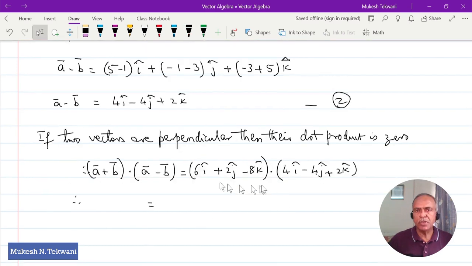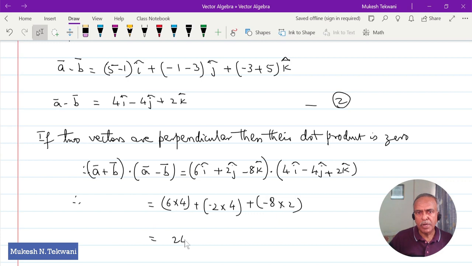When we are taking the dot product of two vectors, we just multiply the corresponding components. So we'll have 6 into 4 plus 2 into minus 4, so that is minus 8, plus minus 8 into 2.